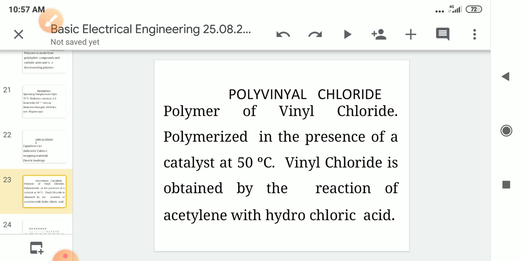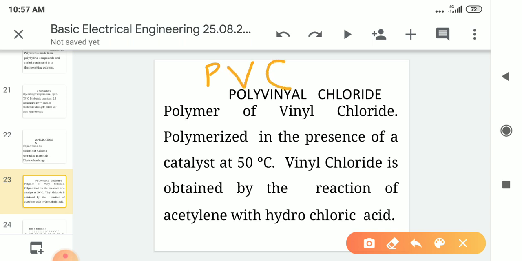So PVC means, it is a synthetic compound. It is obtained by combination of acetylene and hydrogen chloride in the presence of a catalyst at a temperature of about 50 degrees centigrade.